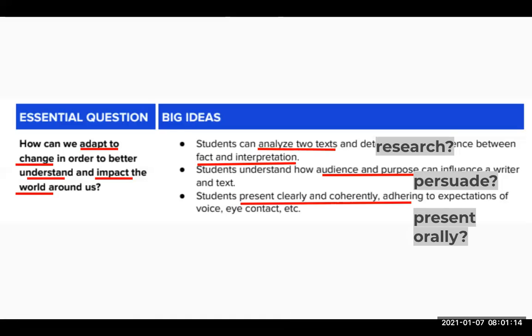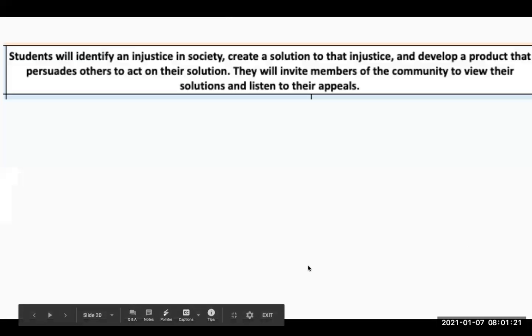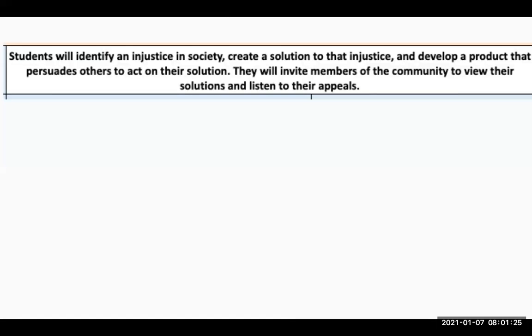So how do I synthesize and triangulate these 3 things: that essential standard, the essential question, and these big ideas? Here's what I came up with. Students will identify an injustice in society, create a solution to that injustice, and develop a product that persuades others to act on their solution. Notice that writing a formal 5-paragraph essay is not necessarily included in this.